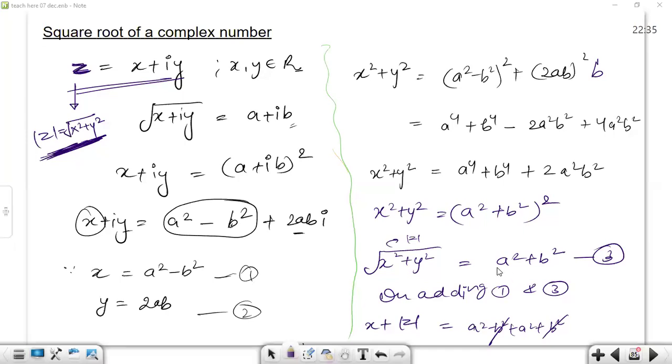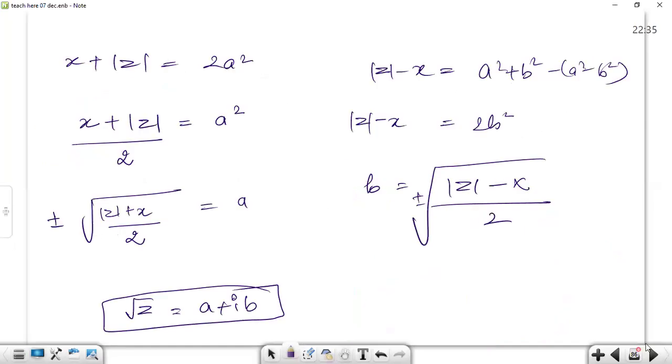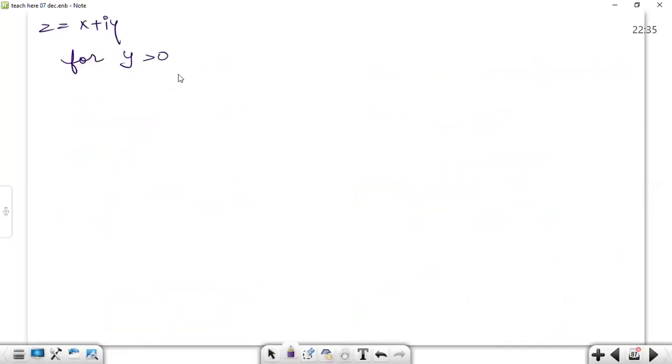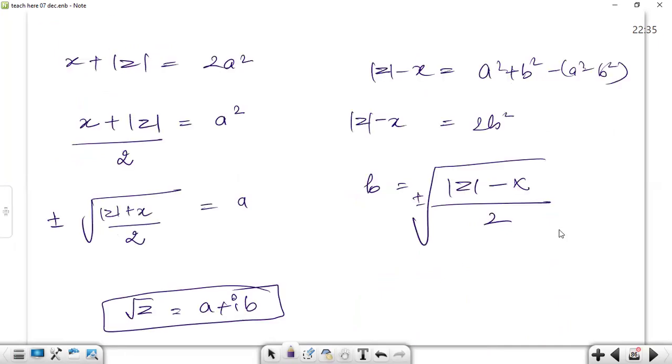So if we look here and observe, if y is positive, the modulus is also going to assume its positive value. What positive values? Certainly, let me write this positive value, the positive value of a and the positive value of b.